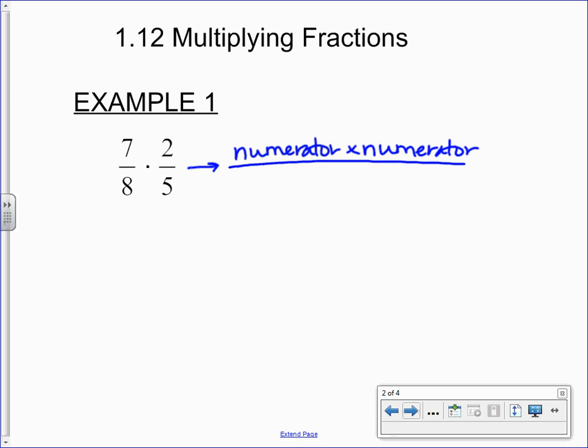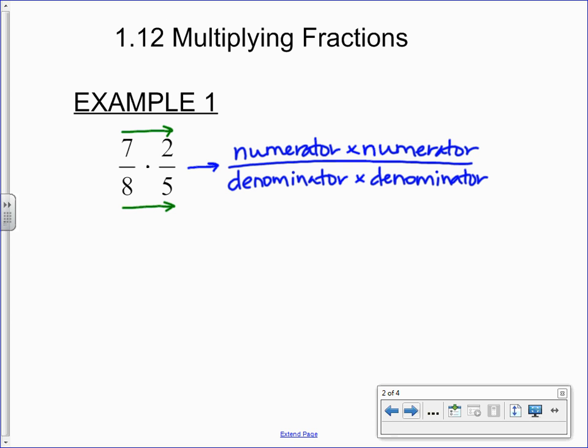And the bottom is multiplying the denominators together. So denominator times denominator. Another way of looking at this is you multiply straight across the top and straight across the bottom.